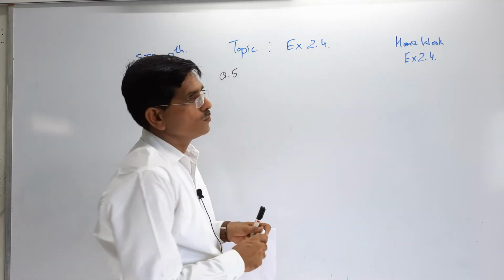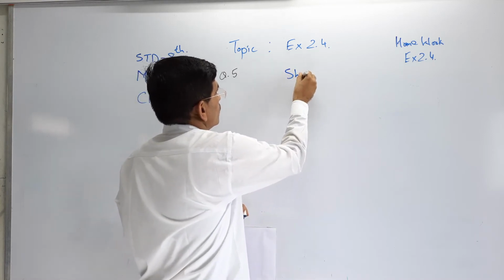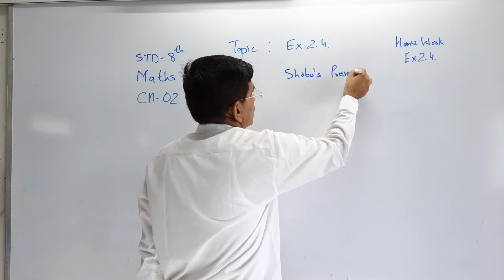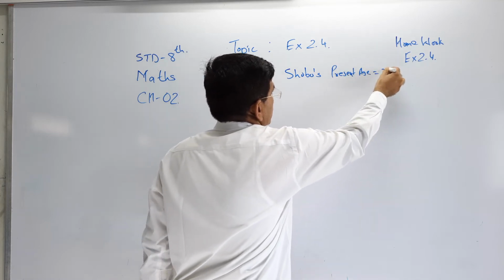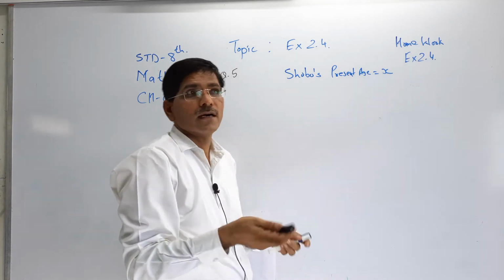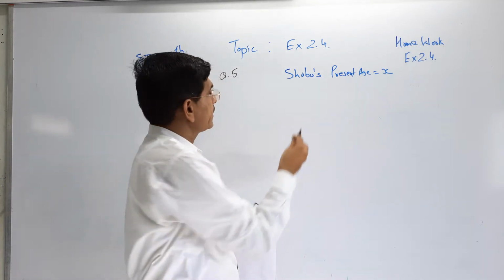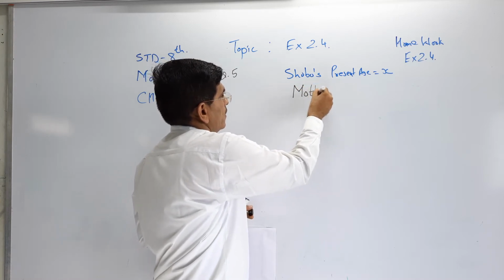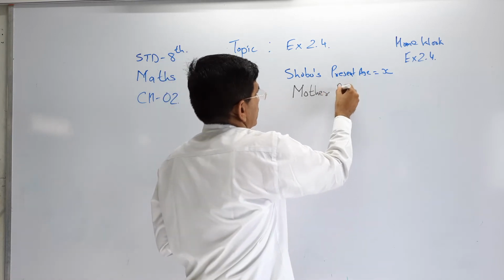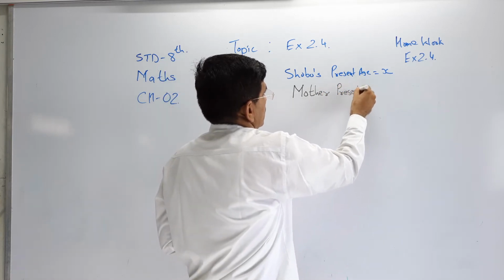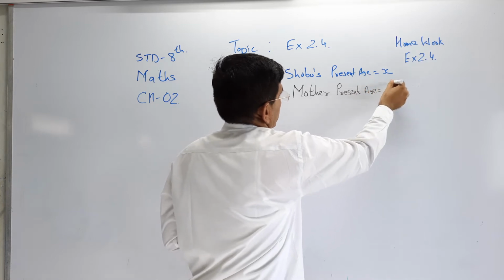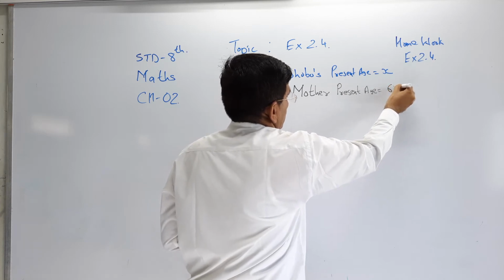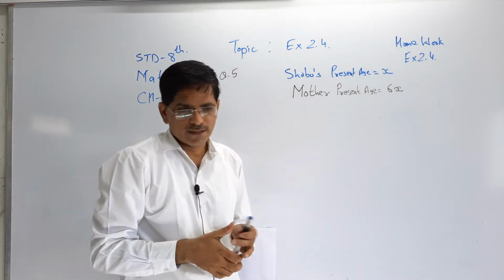So let Shobha's present age be x, then the mother's present age is 6x.